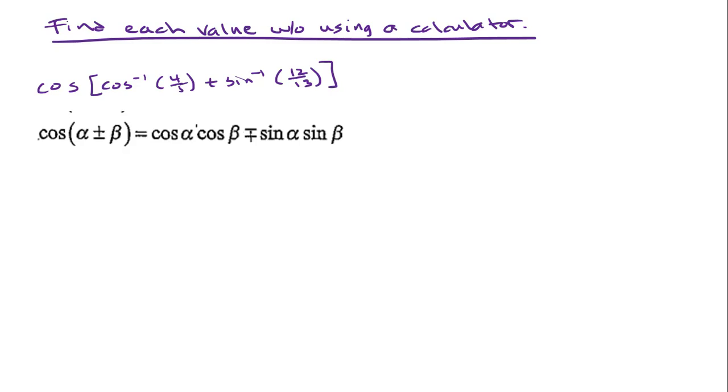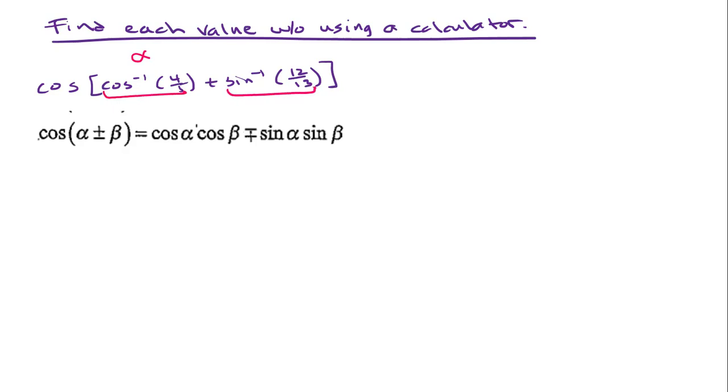Well, in this case, the inverse cosine of 4/5, that's going to be represented by alpha. And then the inverse sine of 12/13, that's going to be represented by beta.